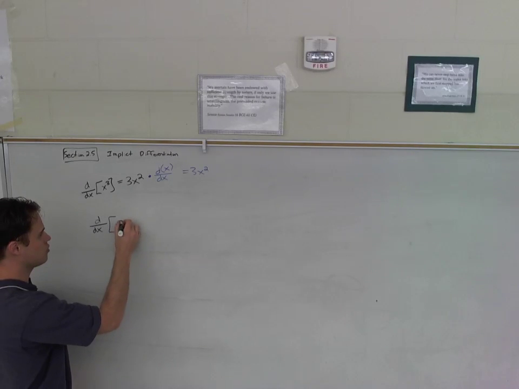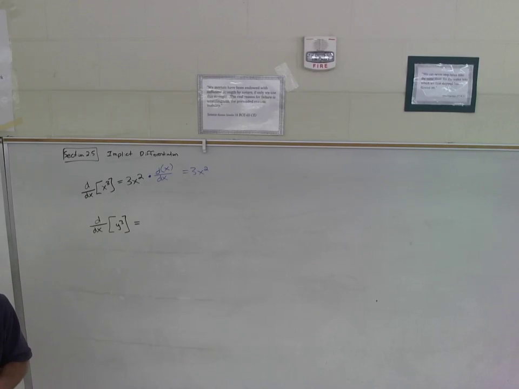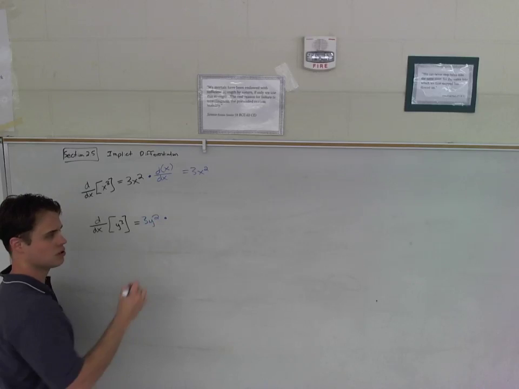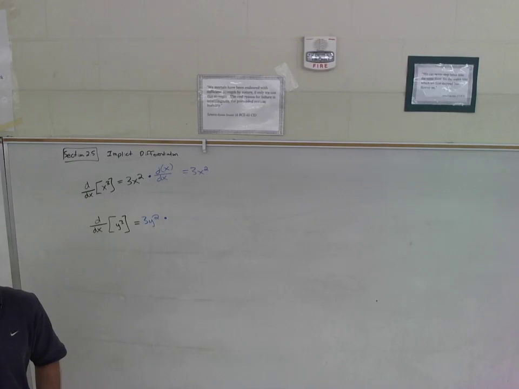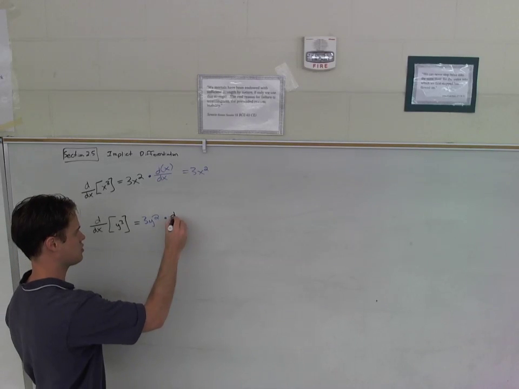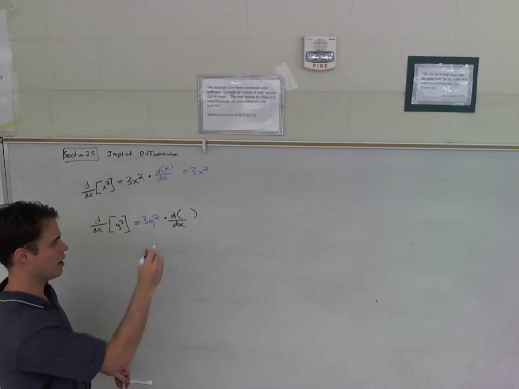Now let's say I do it with y cubed. Well, it's very simple. You do the same thing. You go, okay, power rule, 3y squared times what? dy over dx. You're taking the derivative with respect to x of y.